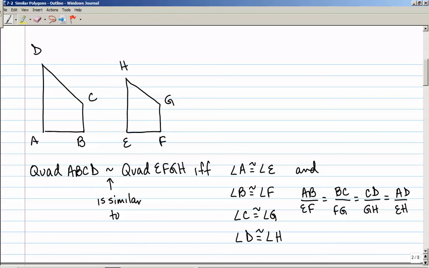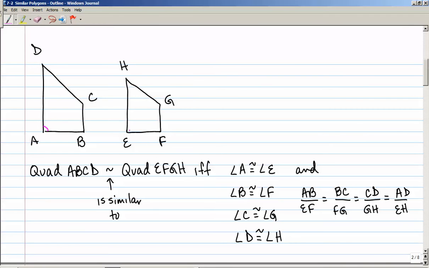But if they're going to correspond to each other, then A and E need to be in the same spot, B and F need to be in the same spot, C and G, and D and H. So, quadrilateral ABCD is similar to quadrilateral EFGH if and only if angle A is congruent to angle E. Maybe I'll go ahead and mark those.